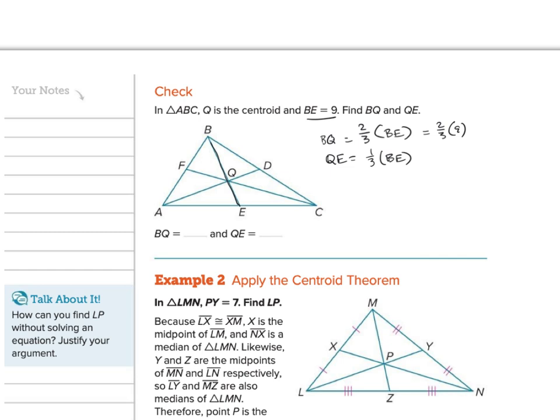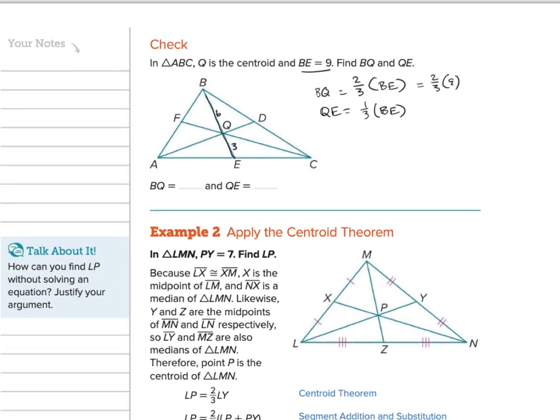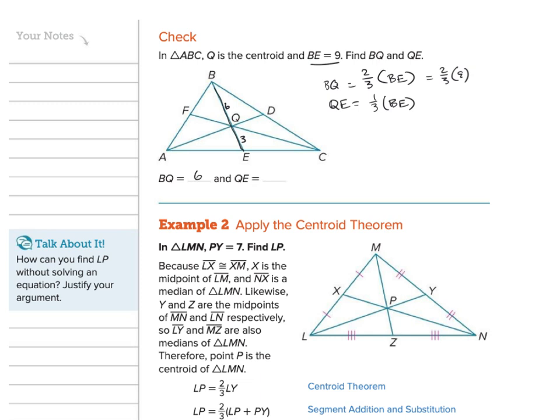This is going to be 6 and 3, because this would be 1/3 of 9, which is 3.